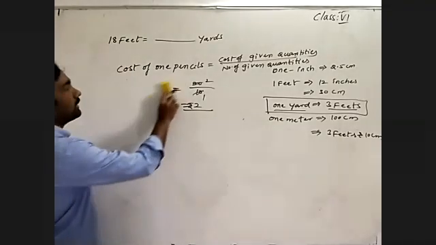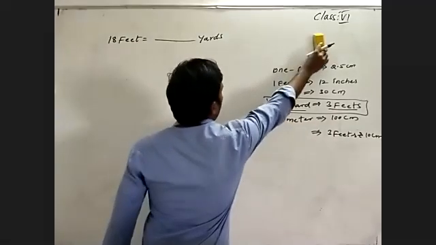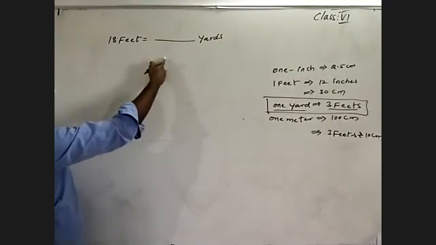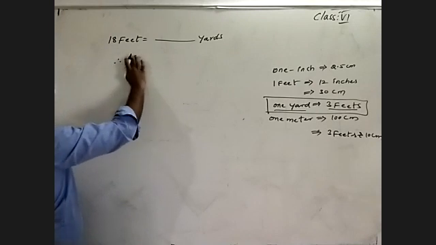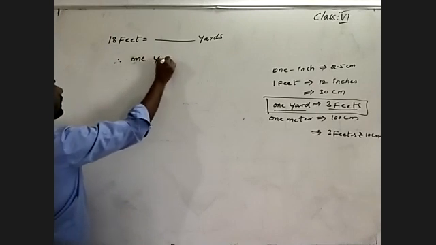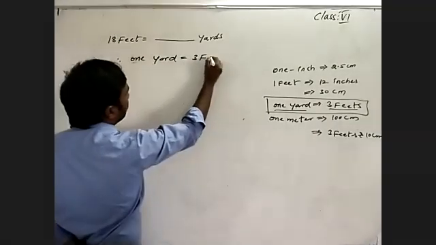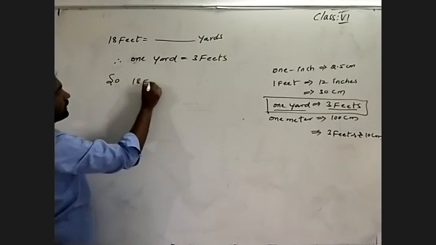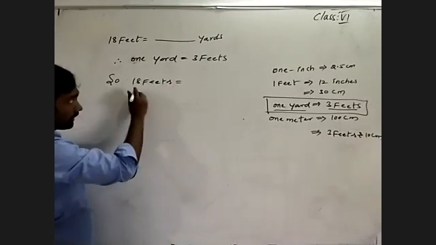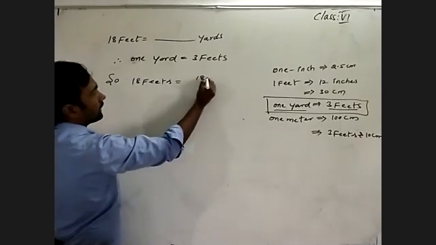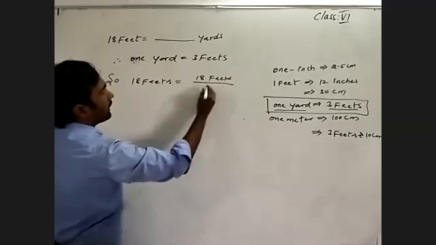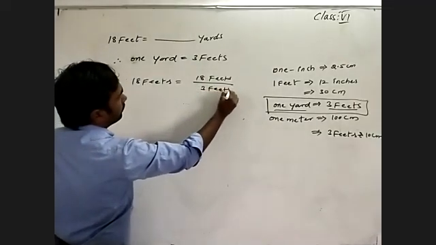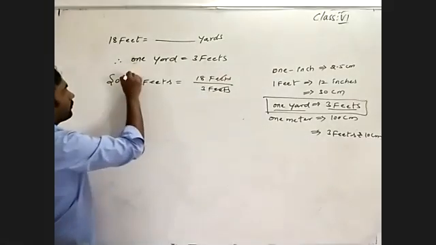So 18 feet, the total number of feet, divided by how many feet for one yard? 3 feet. By that we can get the number of yards.